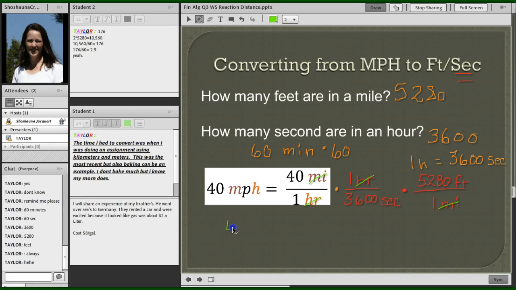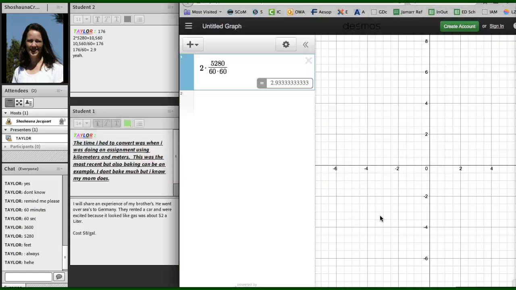Okay, and then we're going to do 40 times 5,280 all over 3,600. And then we're going to do feet per second. So what is that? Okay, crunch those numbers so you make sure you got the process in your calculator right.